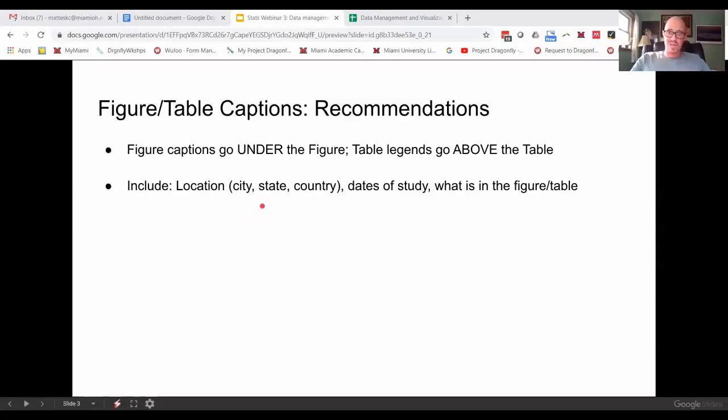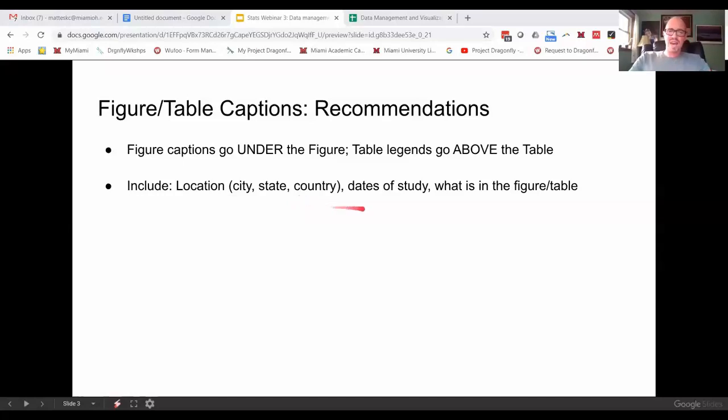Obviously you don't want to give all the details if you're worried about names, but you can give the city, state, and country. Don't just assume everyone thinks it's in the USA. If you publish in an international journal, which is the biggest reach you can have, you don't want to assume that everyone knows it's in the United States.